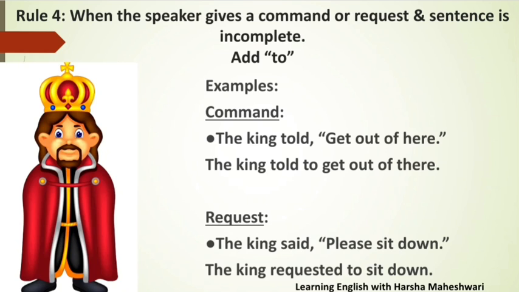Add to after told. The sentence will change into, the king told to get out of here. The next sentence is a request. The king said, "Please sit down." The reported speech sentence will be, the king requested to sit down.